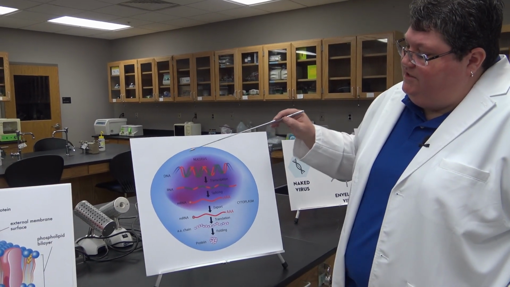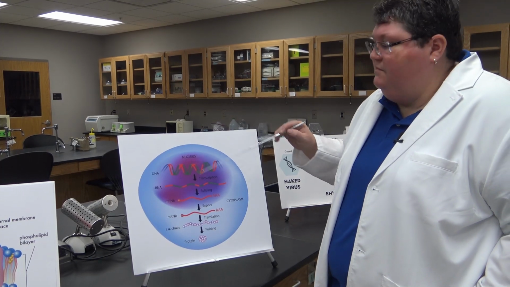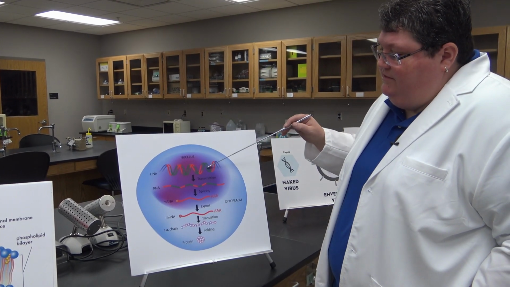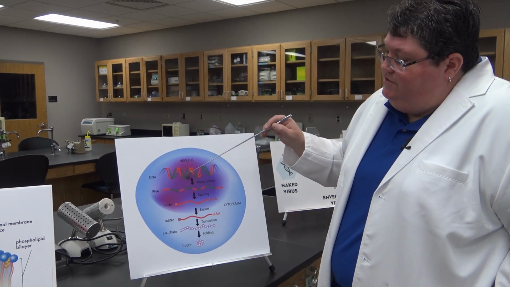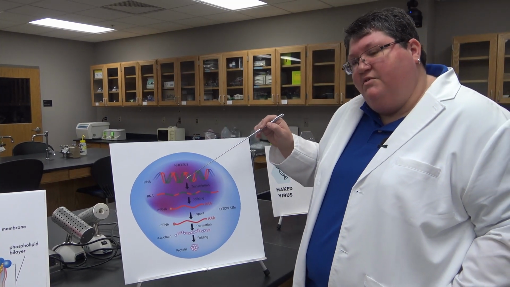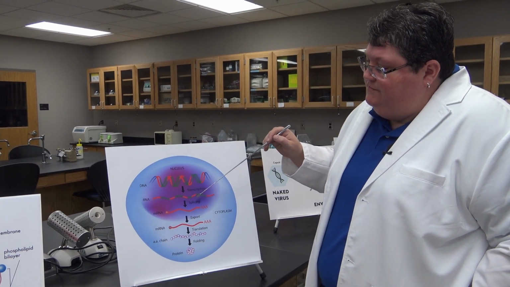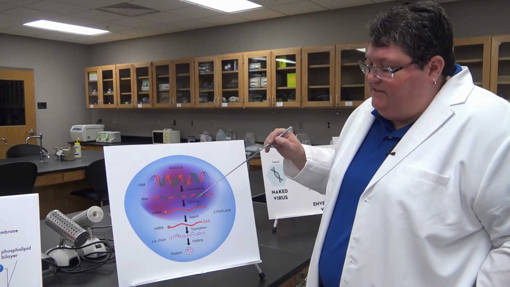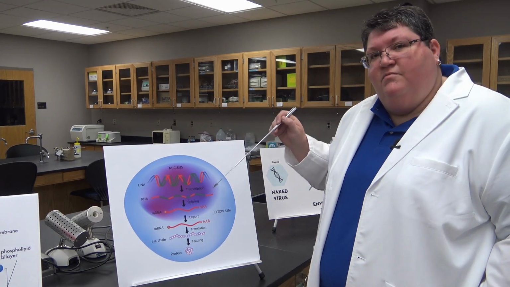Here is how our cells work under normal circumstances. You see, here's the nucleus. That's where our DNA is. Our cells copy the message of the instructions for all of the proteins in our bodies to an RNA language. Okay. That gets edited inside the nucleus, and we have a messenger RNA molecule.